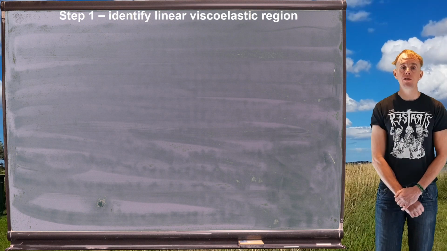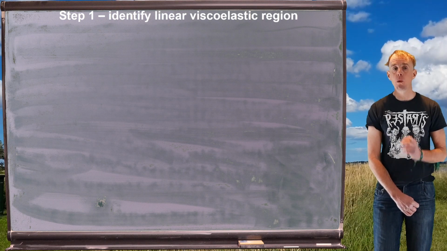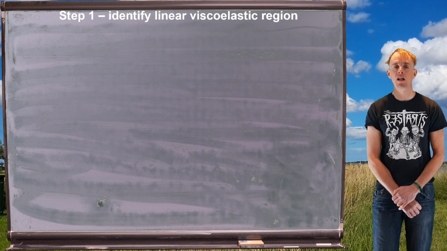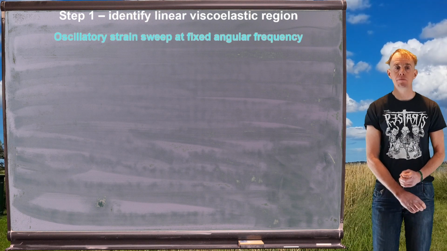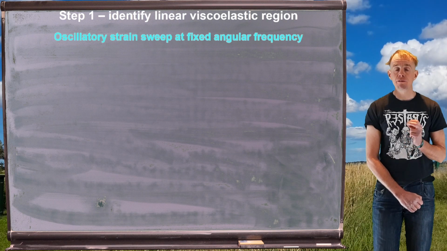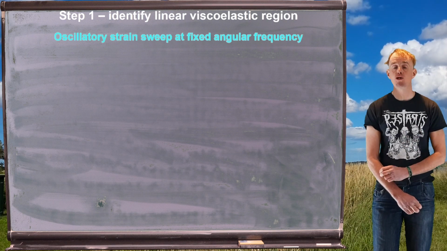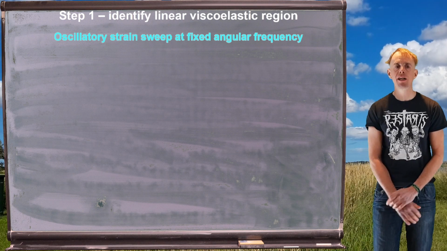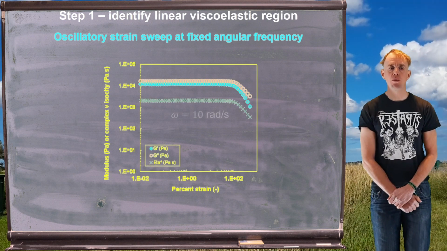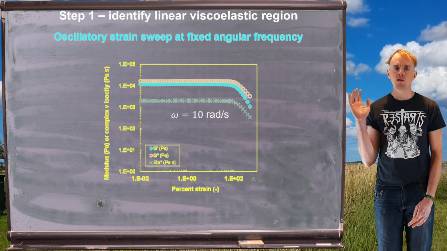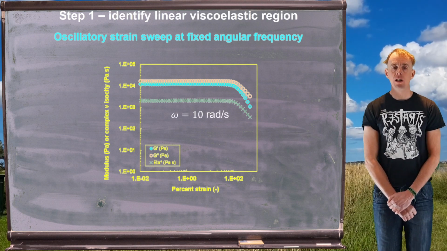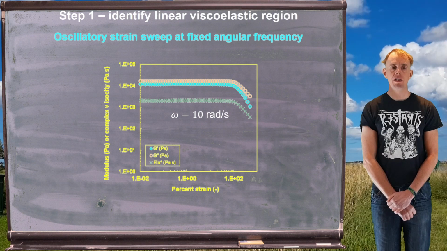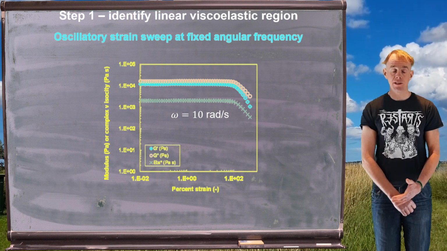So the first thing I'm going to do is to identify where the linear viscoelastic region lies. I'm going to do this using oscillatory rheometry in parallel plates at a fixed angular frequency but at varying strains, and we'd call this sort of experiment a strain sweep. So I'll put some data on the blackboard for you and we'll then talk through it. What I'm plotting on this graph are the two moduli, the elastic and viscous moduli, and the apparent and the complex viscosity.